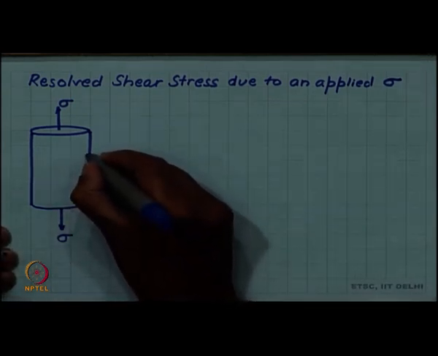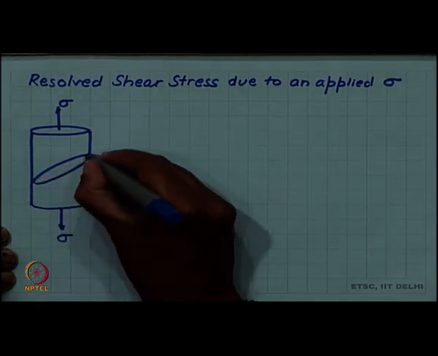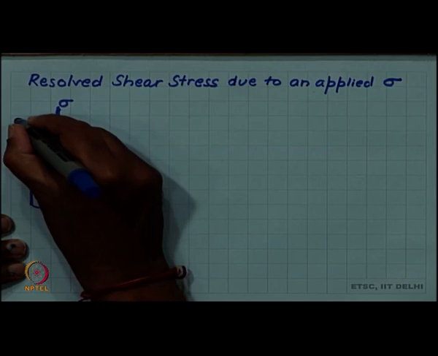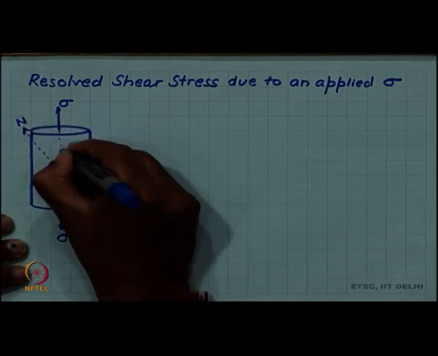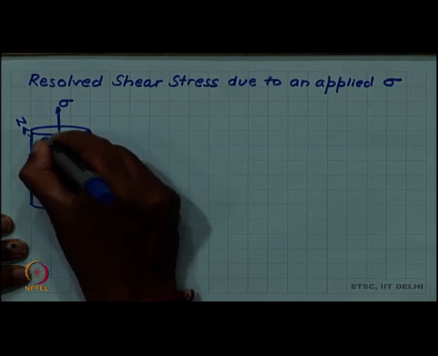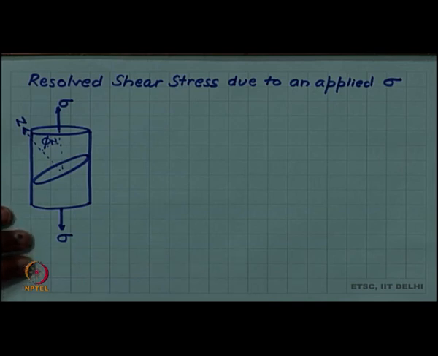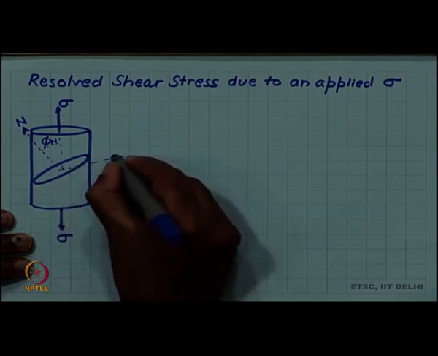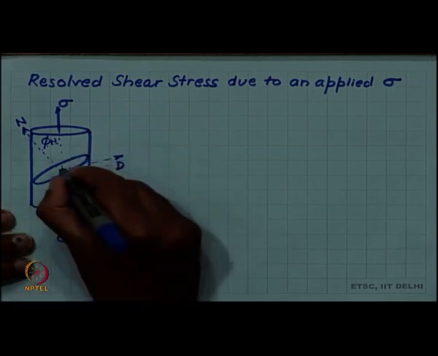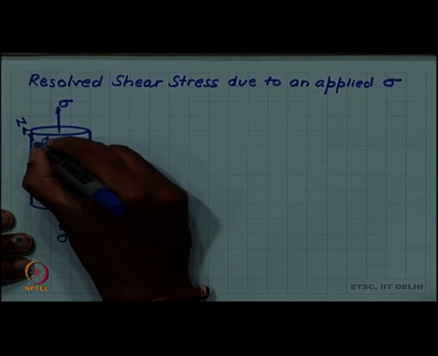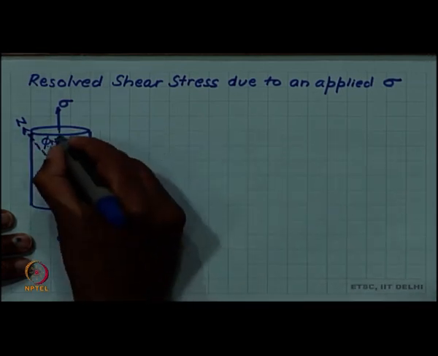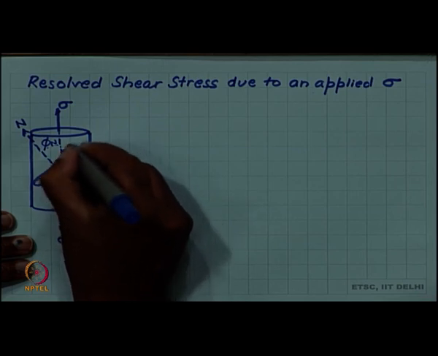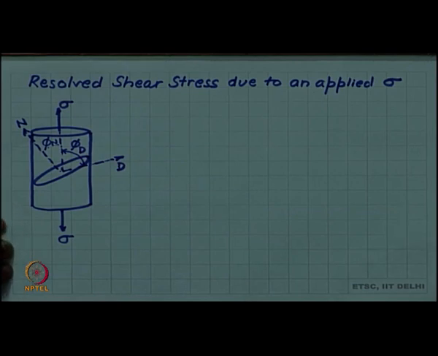So, let us include an inclined slip plane such that the normal n to the slip plane makes an angle phi n, and let us say d is the slip direction, and the tensile stress makes an angle phi d with the slip direction.